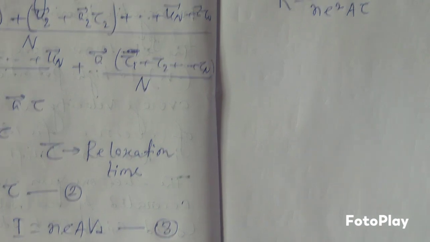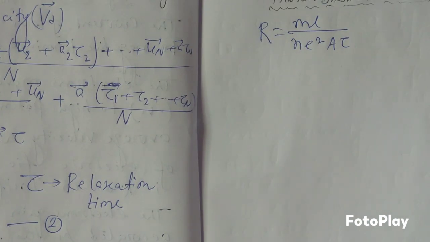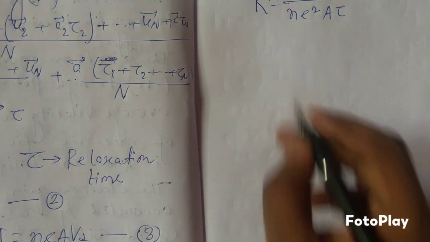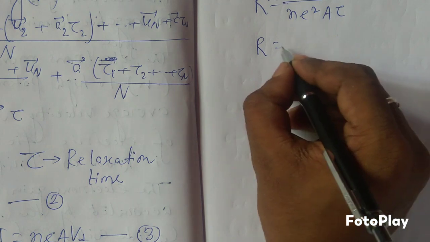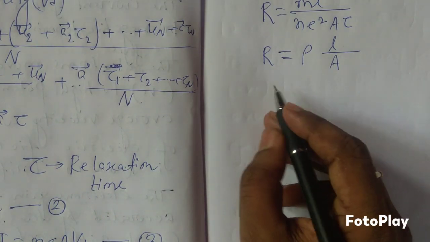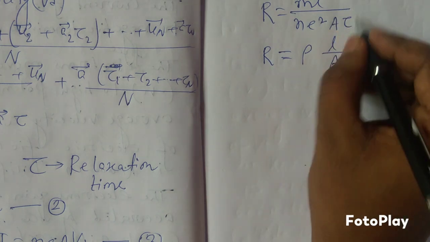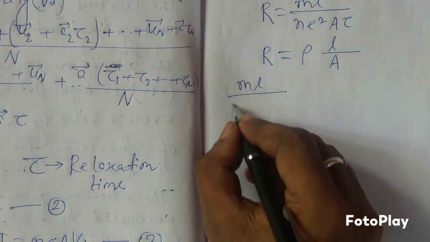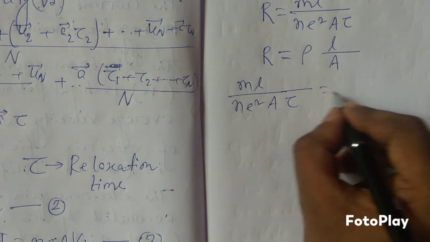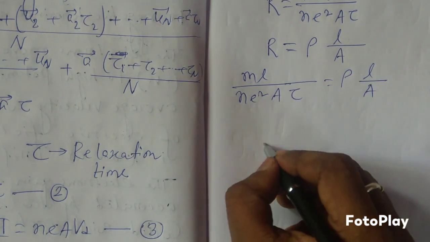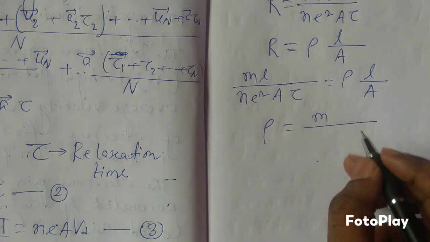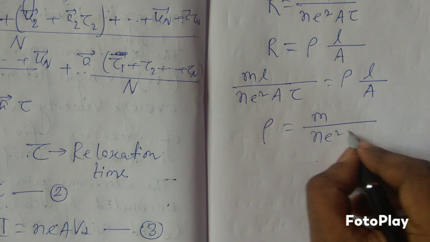This is the value of R. Again we know that R equal to rho L by A. So putting the value in this equation, ml by N square A tau is rho L by A. So we can get the value of rho, L cancels, that is m by N square tau.